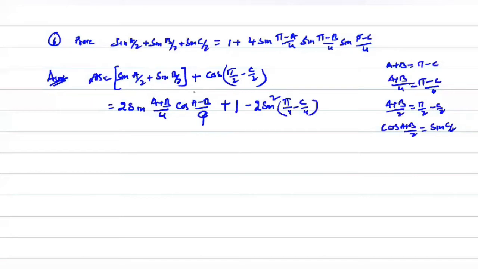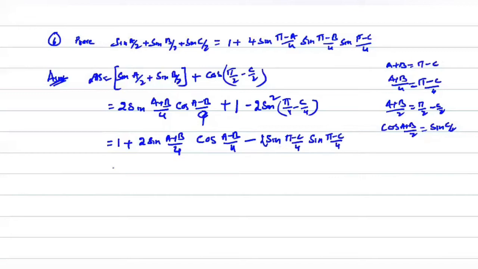So I write 1 first of all, 1 plus 2 sin (a plus b)/4 cos (a minus b)/4 minus sin (pi minus c)/4 2 times, and then sin square (pi minus c)/4 is there, no other 2 times.